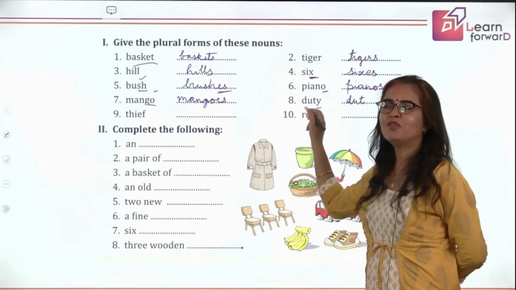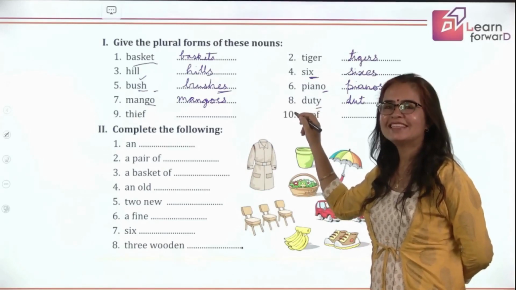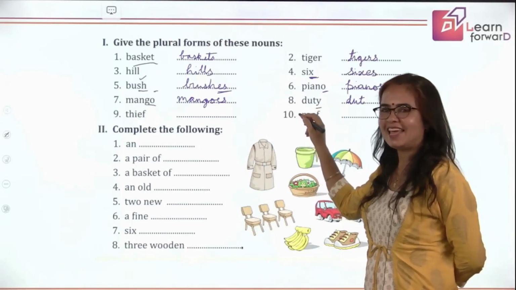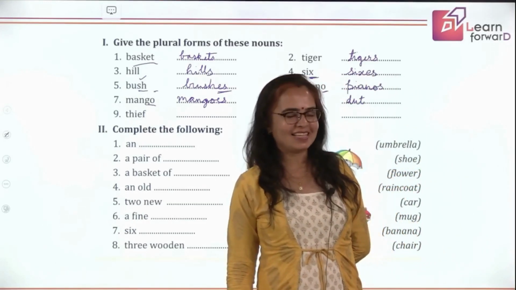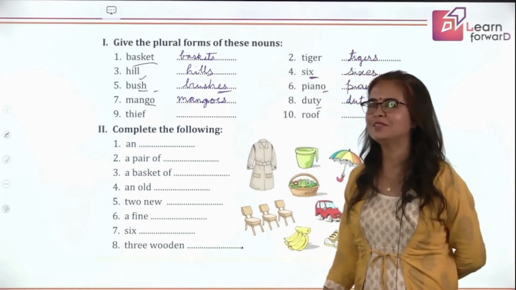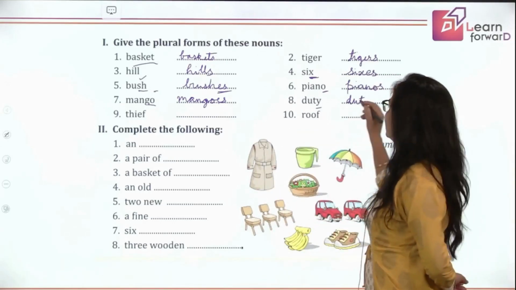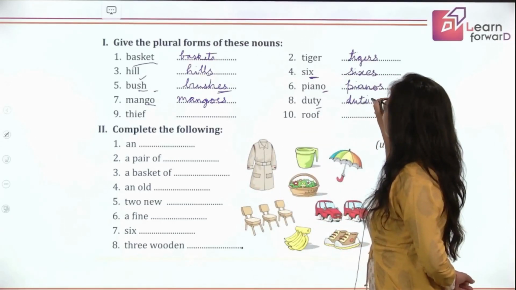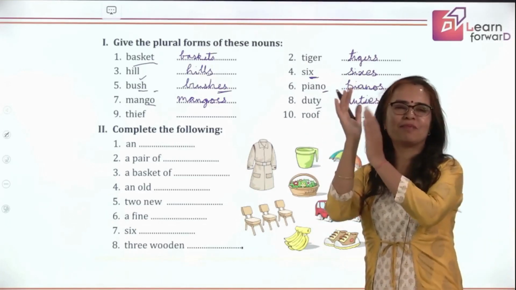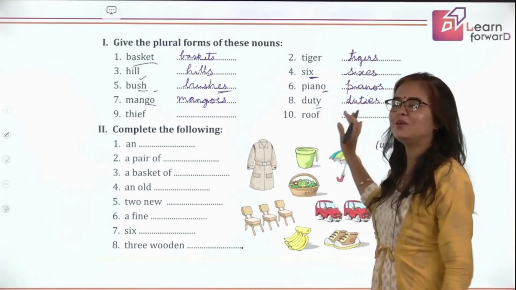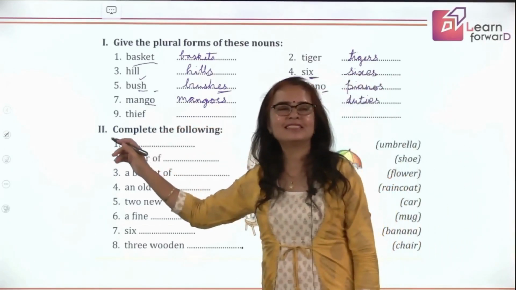What is before Y? It is T. Is it a vowel or a consonant? Yes, it's a consonant. So what are you going to do now? You are going to replace Y with IES. That's a brilliant answer. So it is duties. Next is thief.